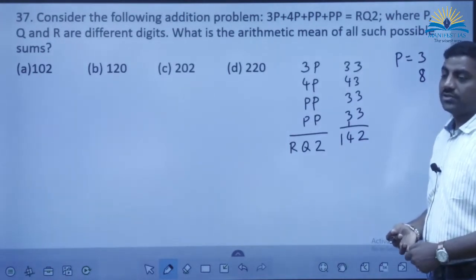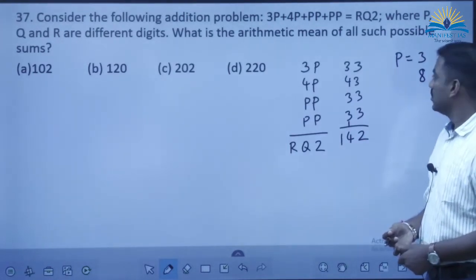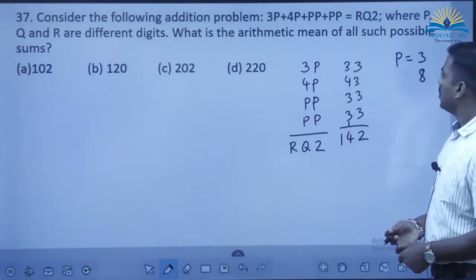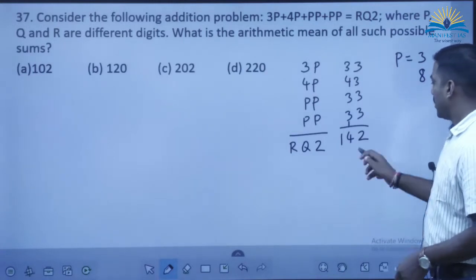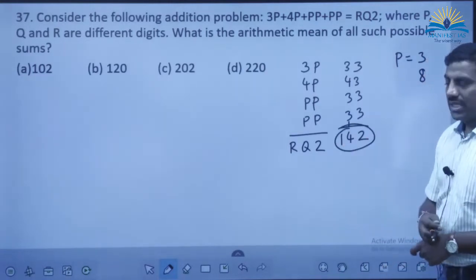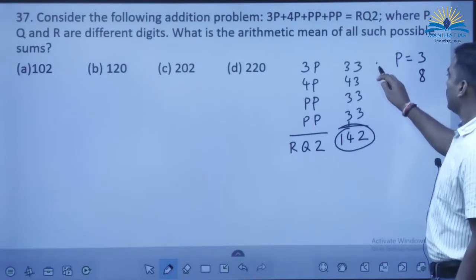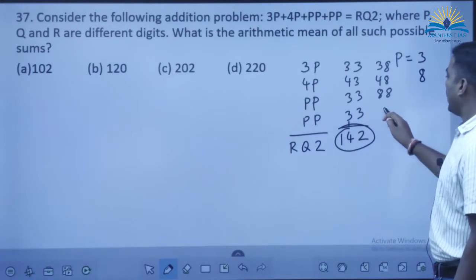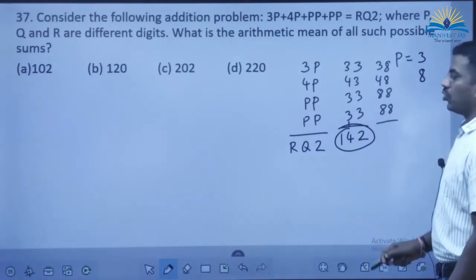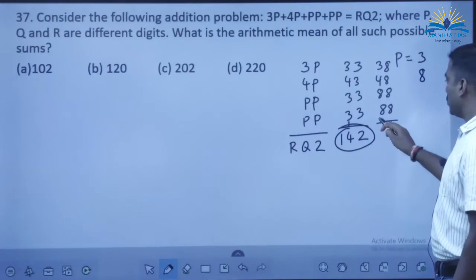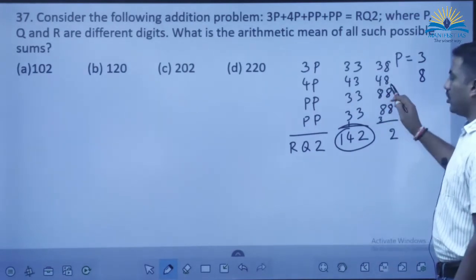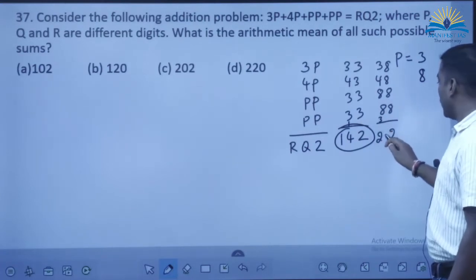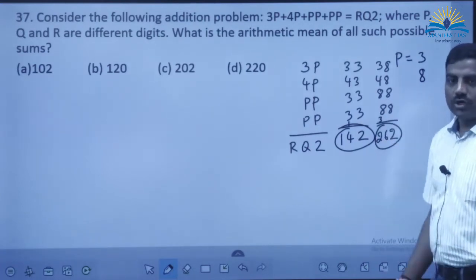Yes or no? This will satisfy. This is one value. Another chance. 38, 48, 88 and 88. Total 8 4s are 32. 3 plus 4, 7. 7 plus 3, 10. 10 plus 16, 262. 2 values, 142 and 262.